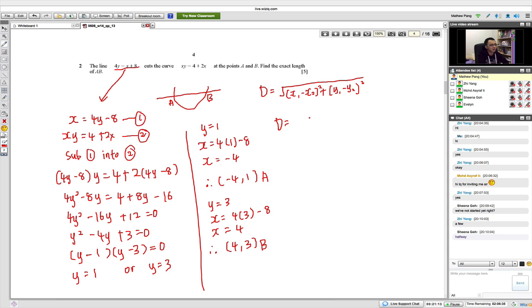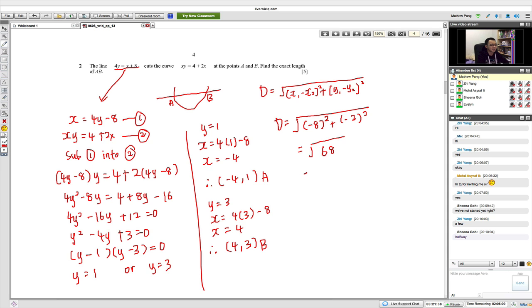Alright, then I will substitute in to use the distance formula. Distance will equal the square root of x1 minus x2. I will actually use x1 minus x2. So this is negative 8. Negative 4 minus 4, right? So negative 8 squared, plus 1 minus 3 will be negative 2 squared. So it is just the square root of 64 plus 4, which is 68.